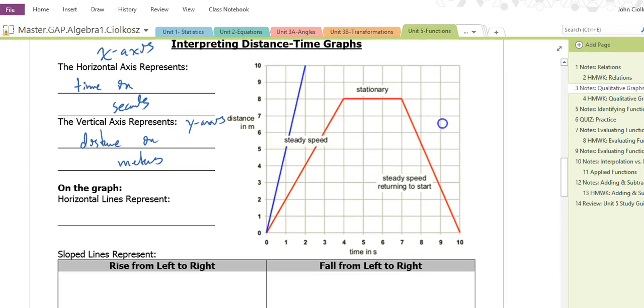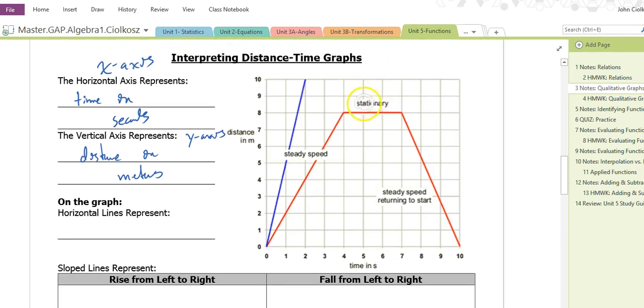On the graph, a horizontal line represents, we see it here, it's stationary, it's not moving. So anytime we see a flat line in a distance versus time graph, that means the object didn't move. So no matter how much time passes, the distance hasn't changed.